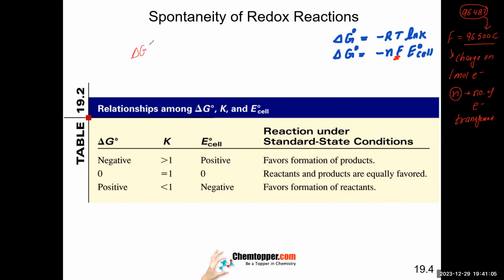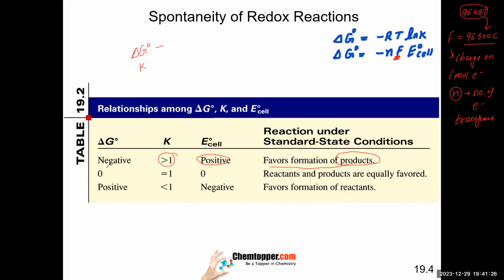If delta G naught is negative, then K is greater than 1. E naught cell is positive. Reaction is spontaneous. Spontaneous means it favors the formation of products. Products will be more.